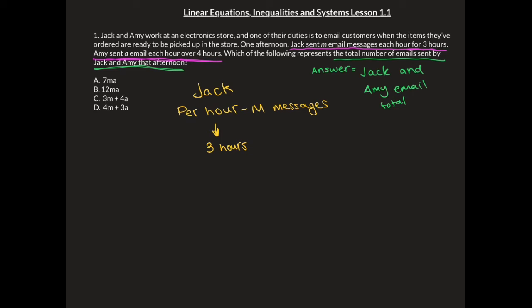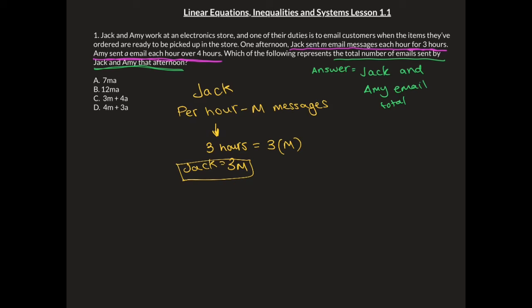So this per hour M messages is repeated 3 times, which means that we are doing 3 times M. So Jack is equal to 3M, because that's the amount of messages he sent. He sent M messages per hour for 3 hours, which means that it must be 3M. He sent those messages 3 times, right? So Jack equals 3M.